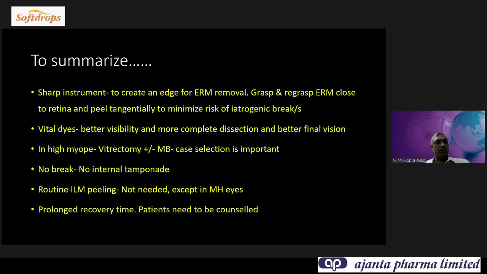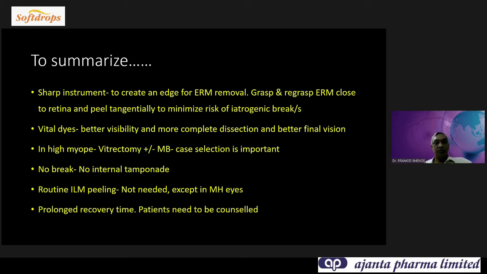You can use a sharp instrument to create the edge while peeling, create the edge for ERM removal, and then grasp the ERM close to the retina and peel tangentially to minimize the risk of iatrogenic breaks. Vital dyes give us better visibility and hence more complete dissection and better final outcome.